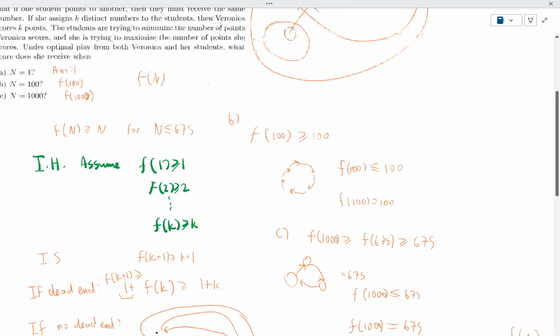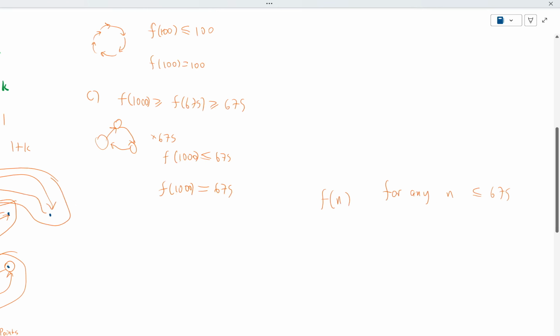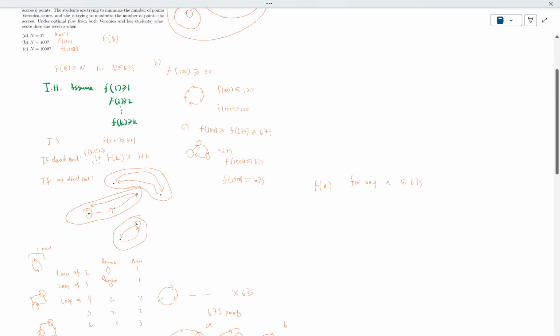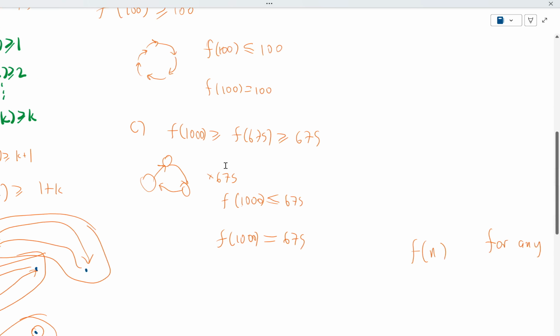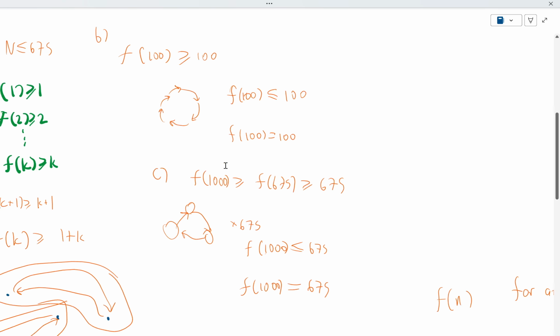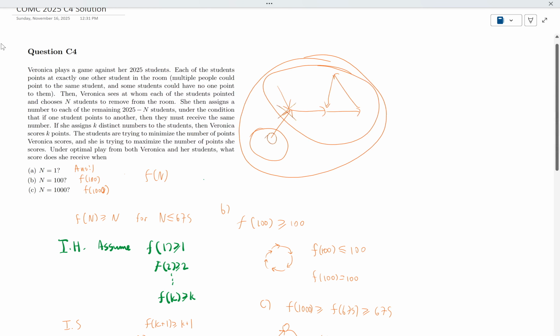So if there was a part D asking you n equals 1200, then you immediately solve part D as well, right? So this proof is pretty robust, and it can provide you a general answer. And to bound f above, you can just construct the 675 triangles again. So yeah, this is all parts of the final question on the COMC this year solved.